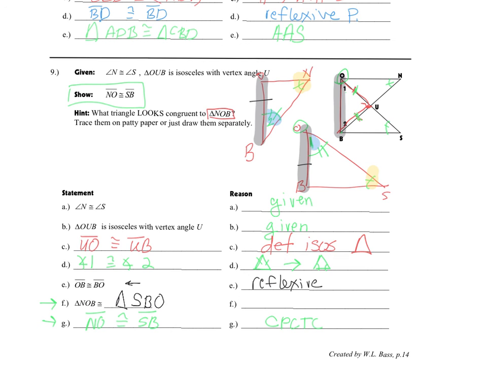And if we look at our reasoning, that was an angle, and a side. Once I get that angle, side, and I have those triangles congruent, I'm now ready to show segment NO is congruent to segment SB by corresponding parts of congruent triangles.